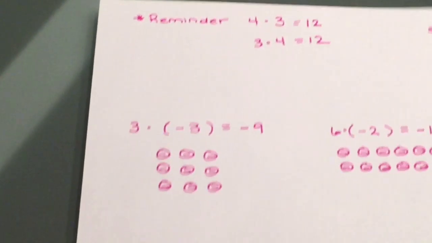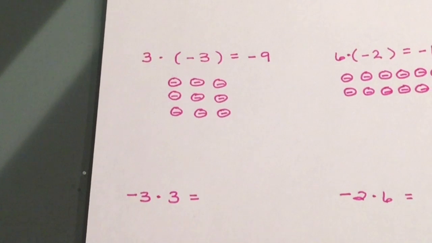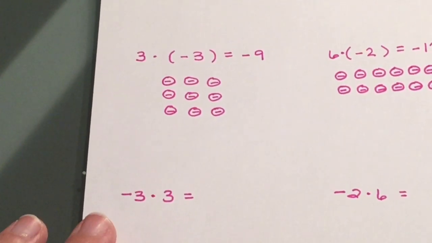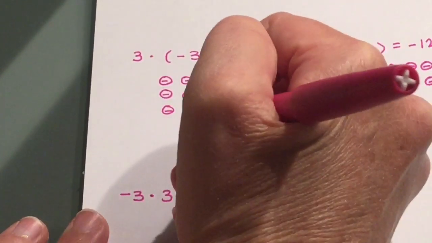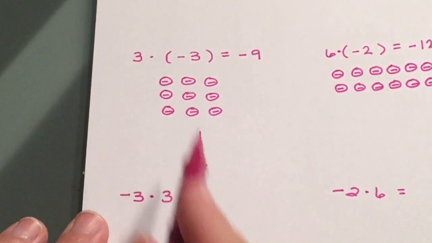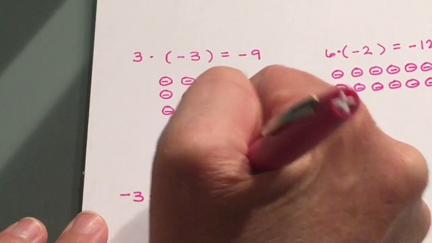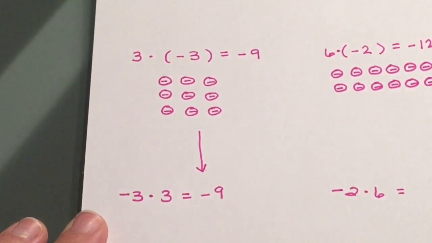So as I look at the problems that I drew, 3 times negative 3 gives us negative 9. If I switch those 2 around, I end up with negative 3 times 3. I still have to end up with the same answer of negative 9.